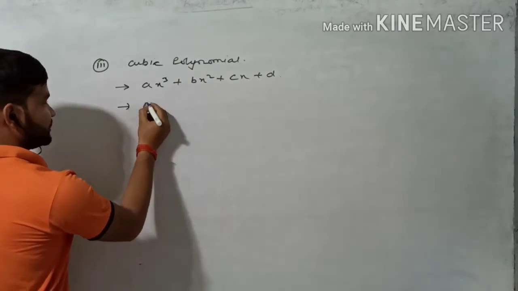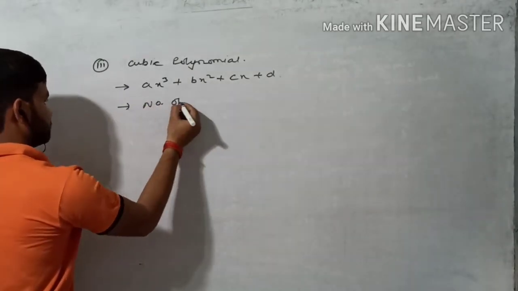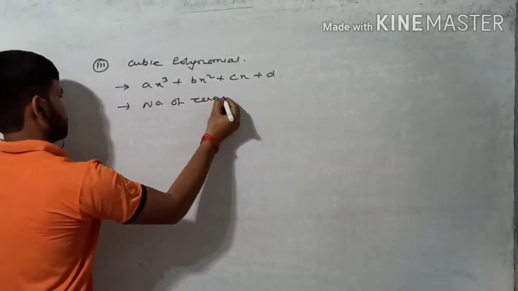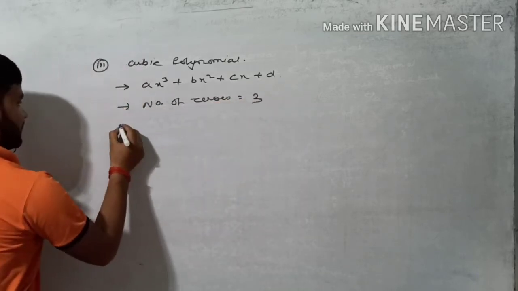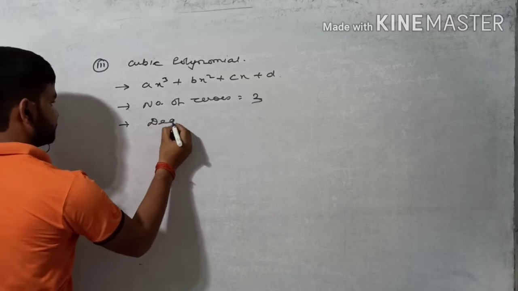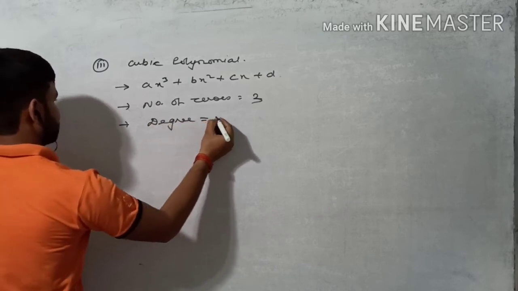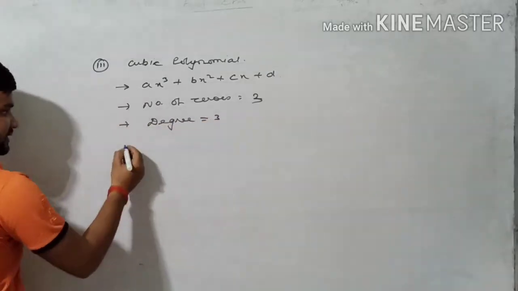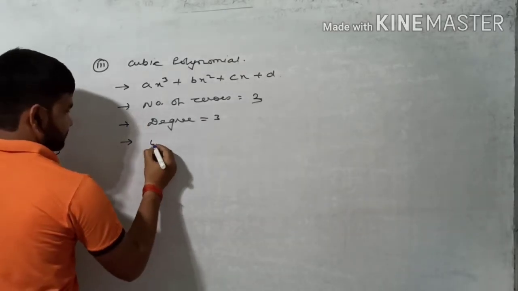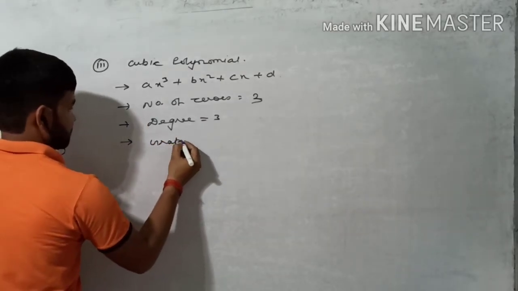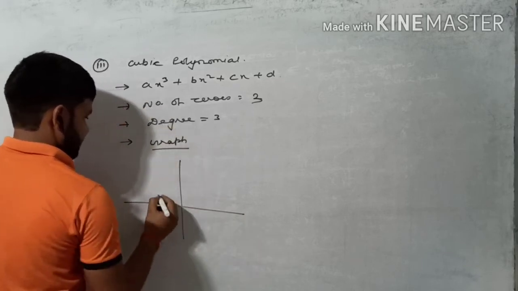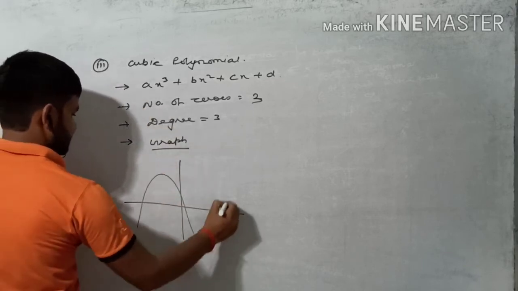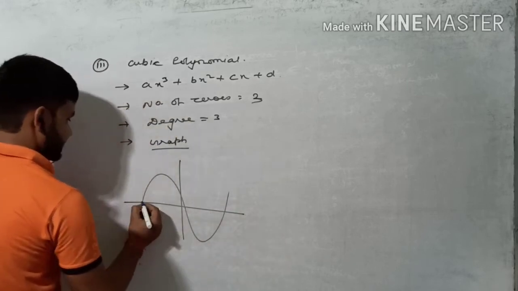Number of zeros equals 3. After that, the degree of the polynomial is also 3. The graph of a cubic polynomial intersects the x-axis at 3 points.